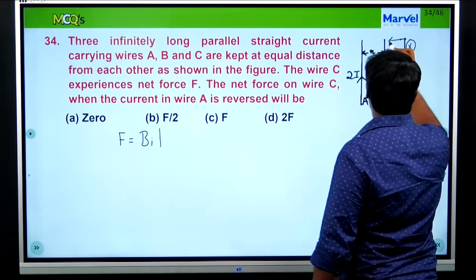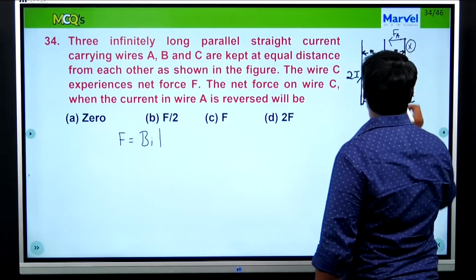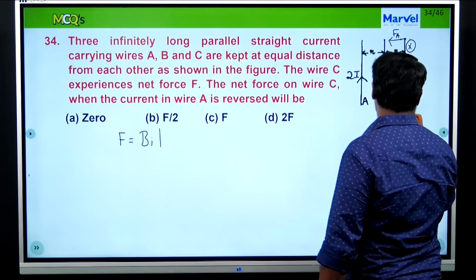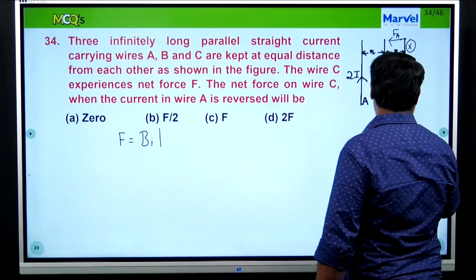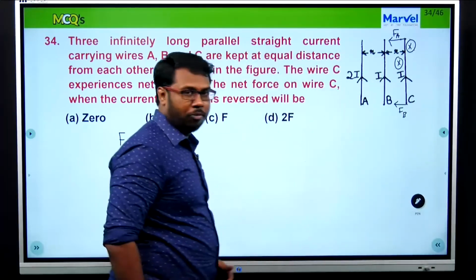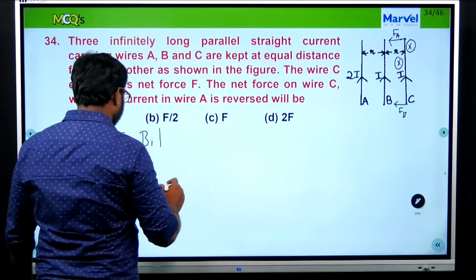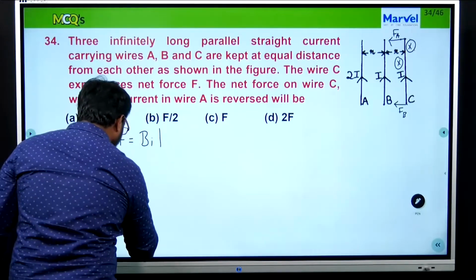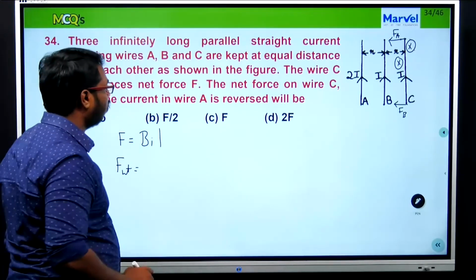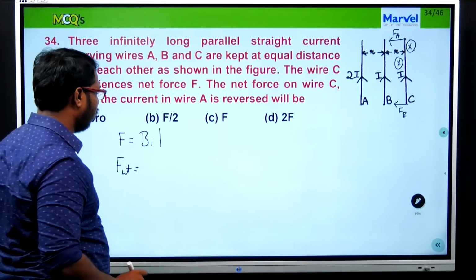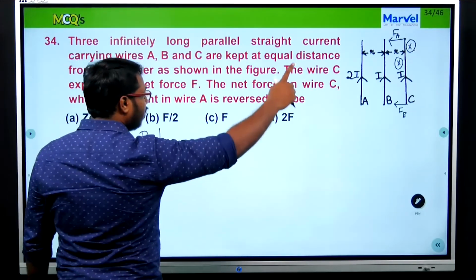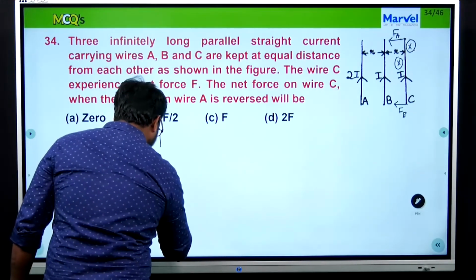So force due to A will point this side and force due to B will point this side, FA and FB, right? So the net force F net is equal to first FA plus FB.